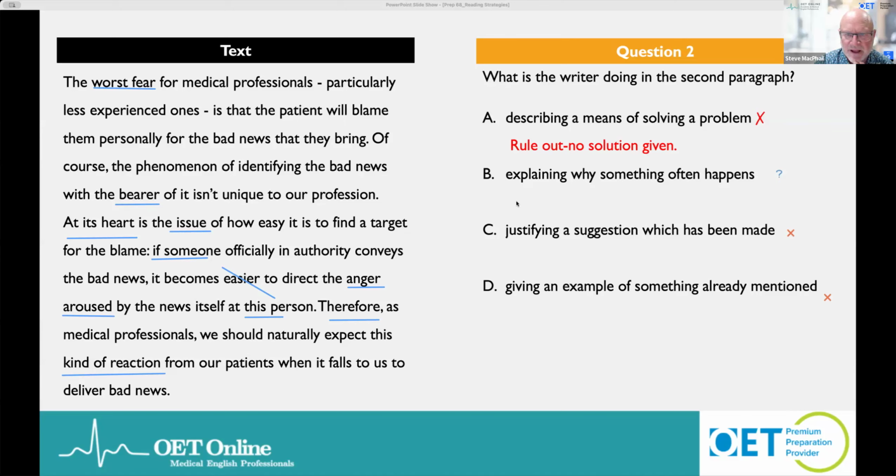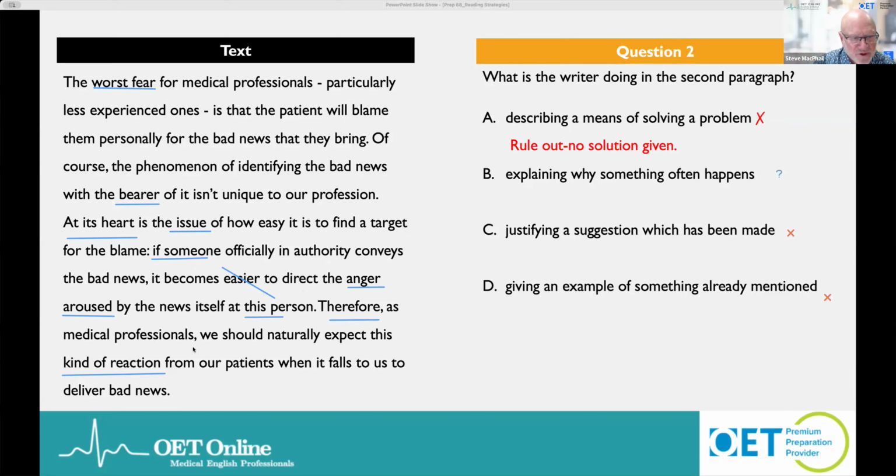So this is explaining, because if someone conveys the bad news, it becomes easy to direct anger. So they're explaining the process behind why someone gets angry at the bearer of bad news. Even though not the news itself, they're targeting the person who delivered the bad news.